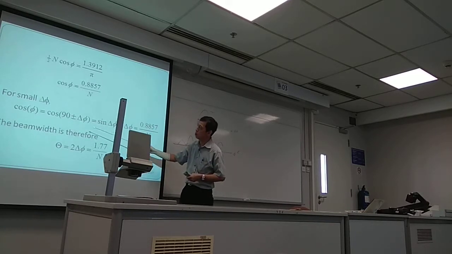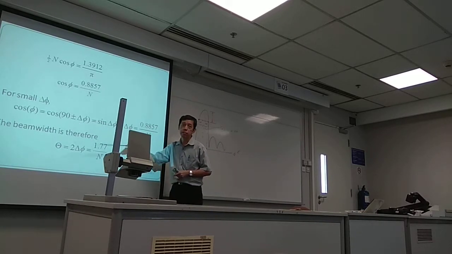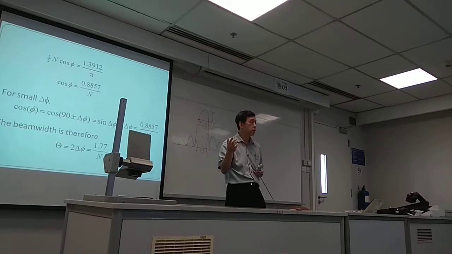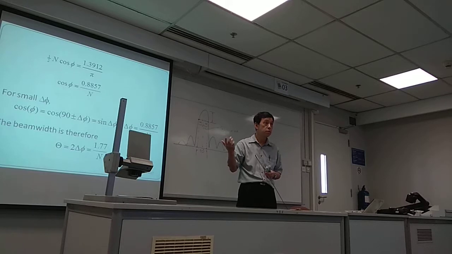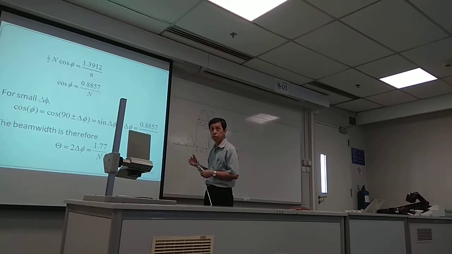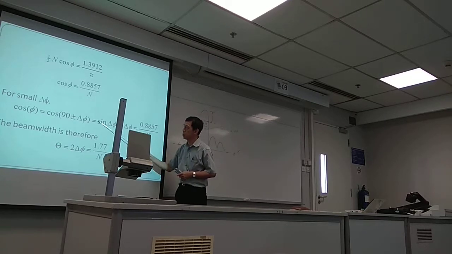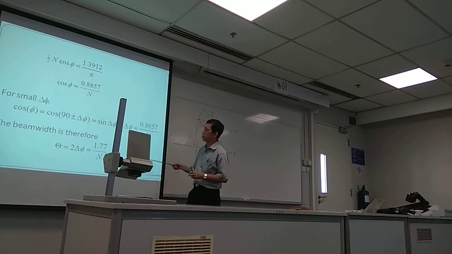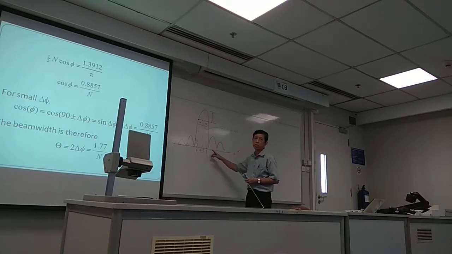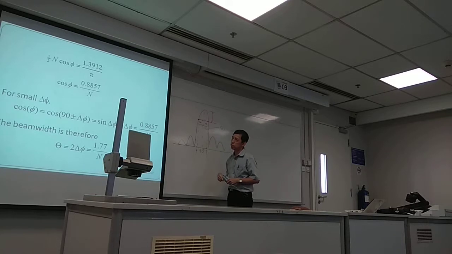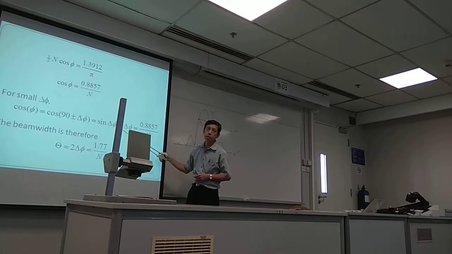That's something that you've learned in the past. So because you have a 90 degree in the cosine term, the cosine term will disappear because cosine 90 is 0. So left basically the second half of your trigonometry, and that ends up to be sine delta phi. We can either solve for this point or that point, it doesn't matter. Anyway, we basically just want to find the value of delta phi.